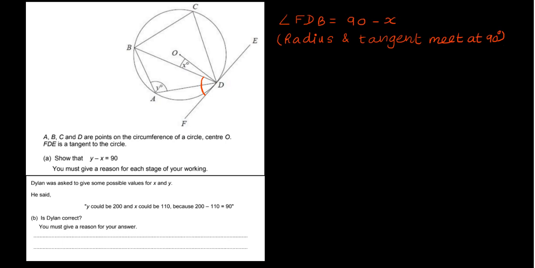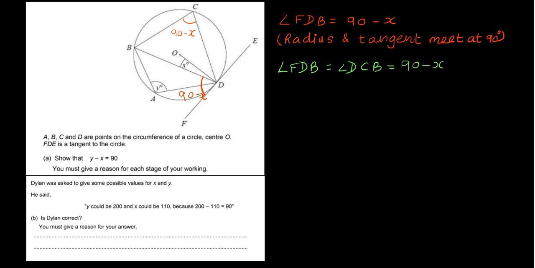Now, since we are with angle FDB, we'll stick with angle FDB, it is equal to angle DCB. This angle here is 90 minus x, and this one will also be 90 minus x. We were writing in green, so let me stick with green.